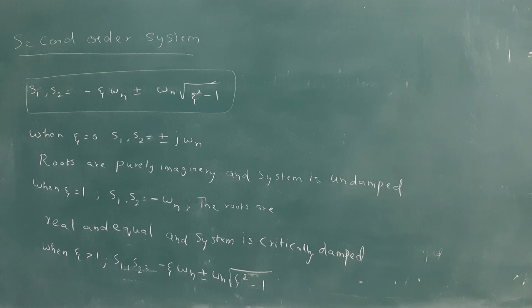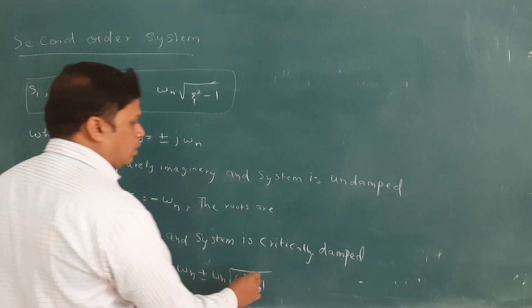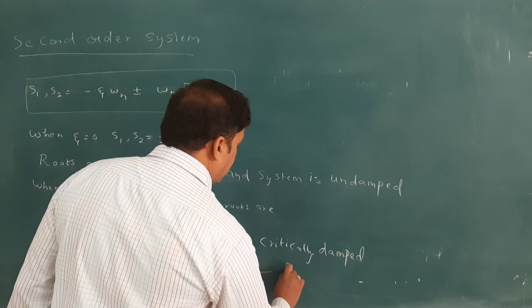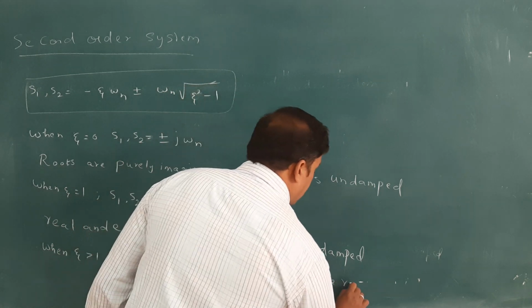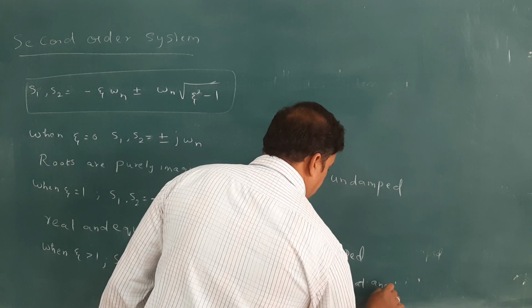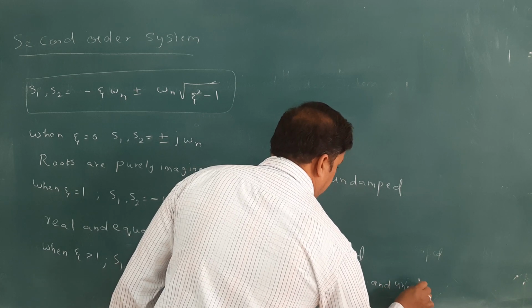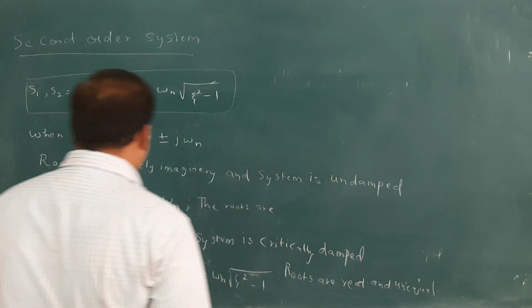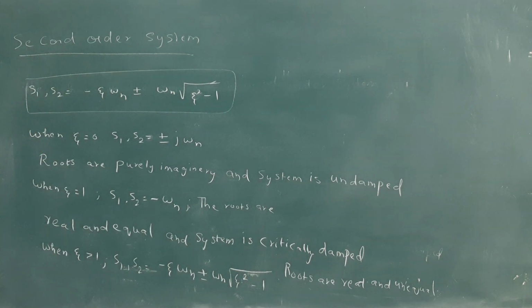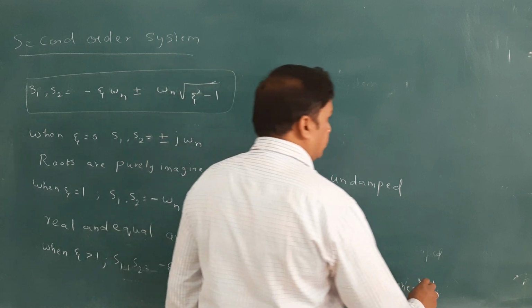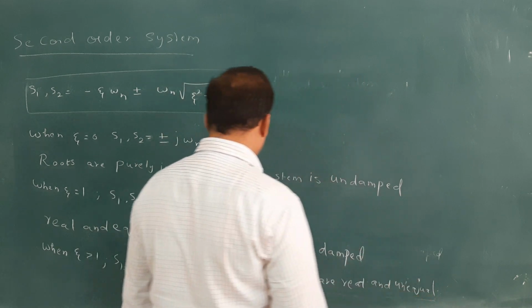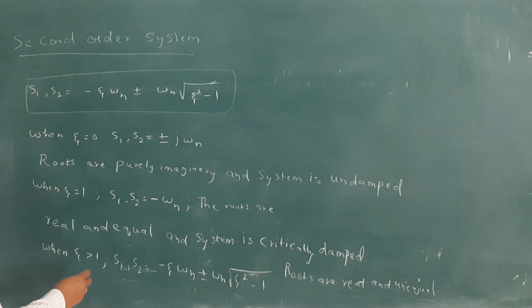The roots are real and unequal, and the system is overdamped. The system is overdamped when zeta is greater than 1.